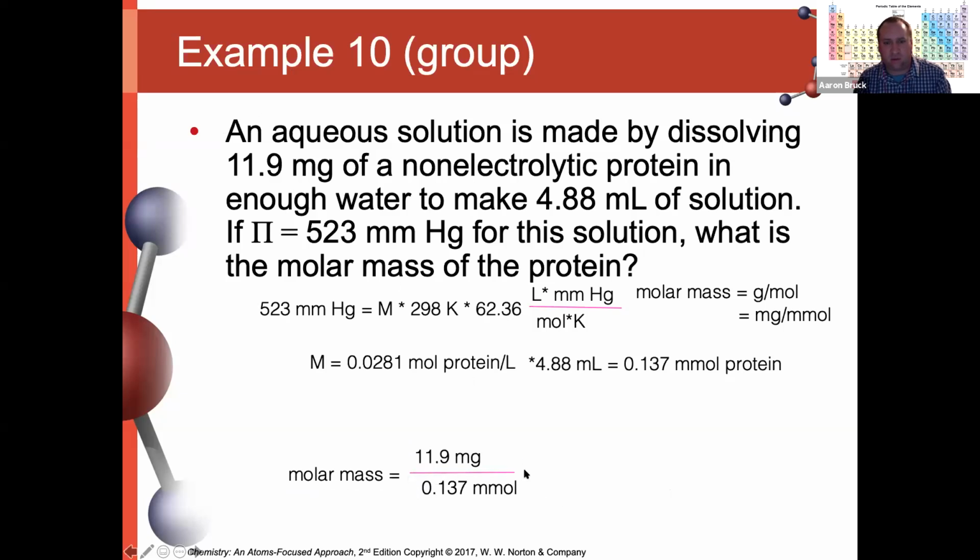And so to three significant figures, 11.9 divided by 0.137, I get 86.9 grams per mole, or milligrams per millimole, however you want to look at it.